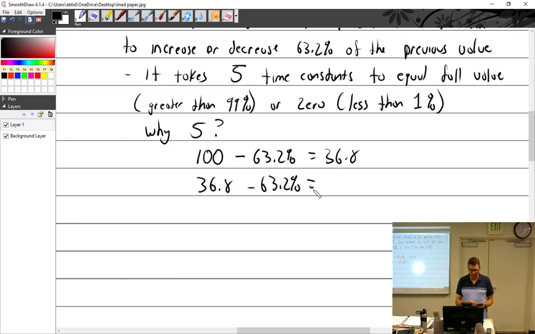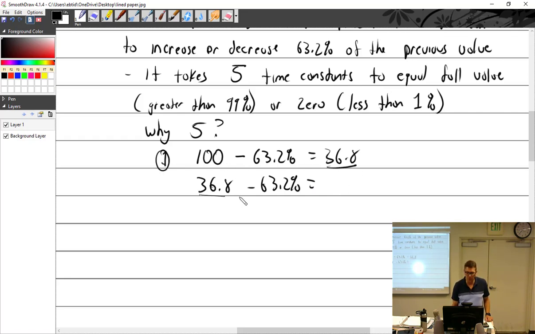So to figure that out, you'd say 36.8 times 63.2% equals... So you're trying to get 2 time constants there. Yes, this is time constant 1. So we went from 100 all the way down to 36.8.